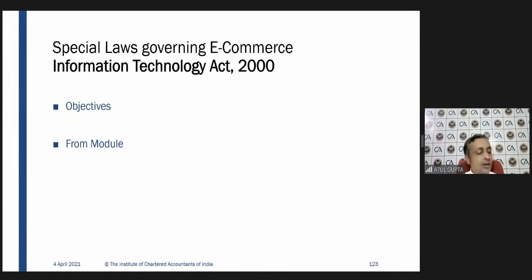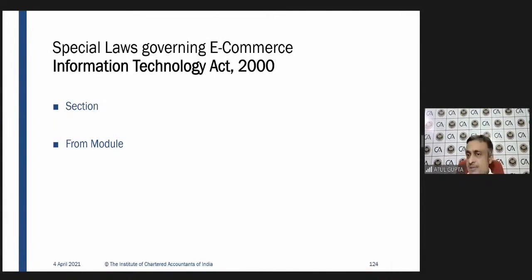This Act governs all internet activities in India and is applicable to all online transactions in India and provides for penalty and prosecution for non-compliance.